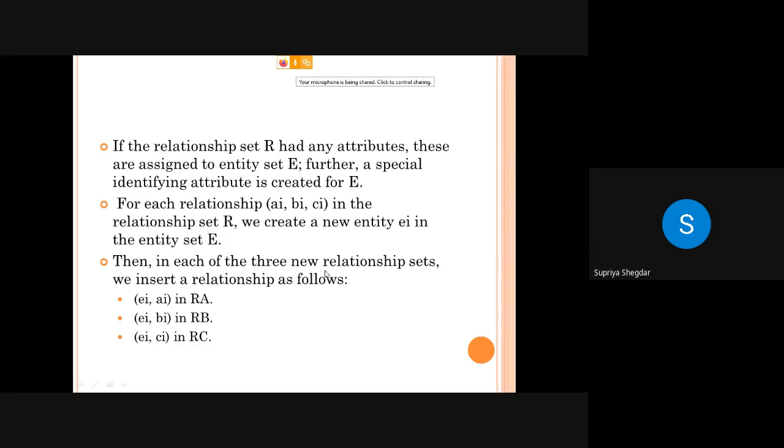Then in each of the three new relationship sets, we insert a relationship as follows: EI and AI in RA, EI and BI in RB, and EI and CI in RC. In this way we can replace the ternary or non-binary relationship by binary relationships.